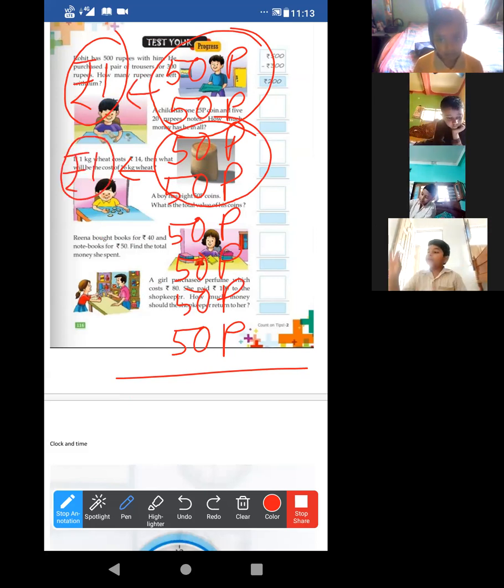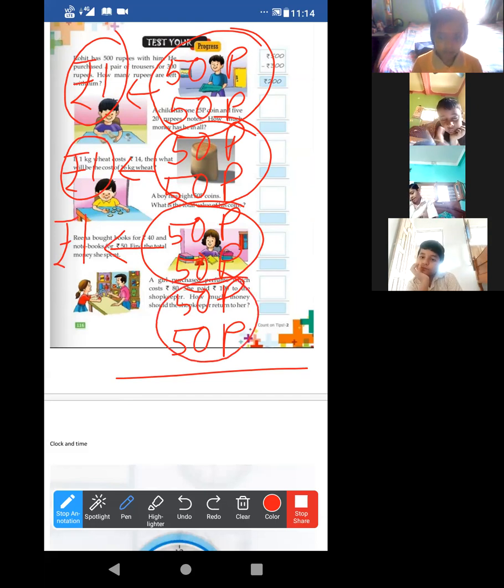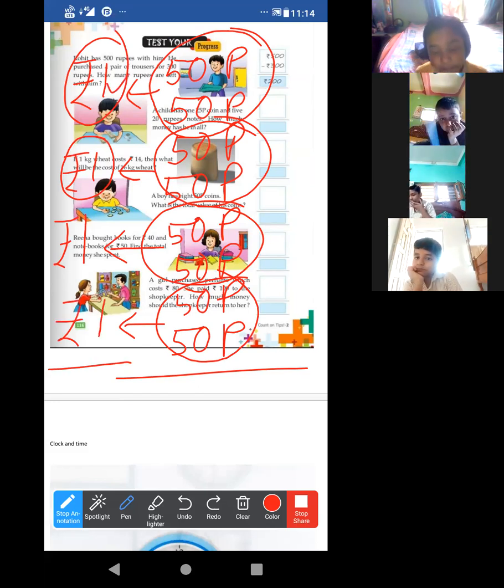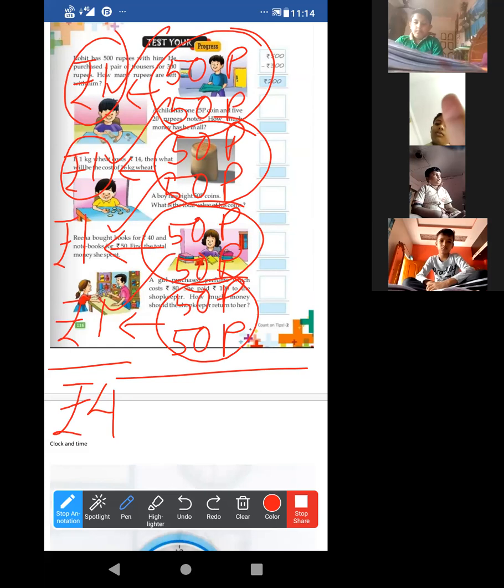Yes, the value will be 1 rupee. For this 2, another 1 rupee. For these 2 50 paise coins, another. So total value is what? 1 rupee, 1 rupee, 1 rupee, and 1 rupee. 4 rupees, na? Rupees 4. Yes or no?